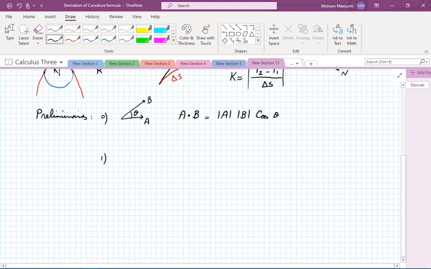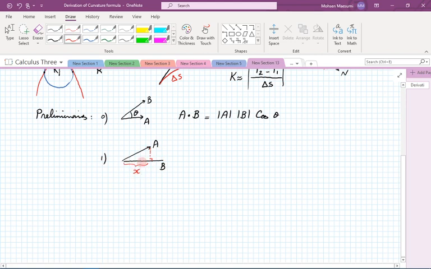From this we get a very important formula, we use it all over the place, which is the projection of a vector on another vector. So suppose this is vector B and this is vector A, and I take the vector A, drop a perpendicular to B, and I'm after this length.